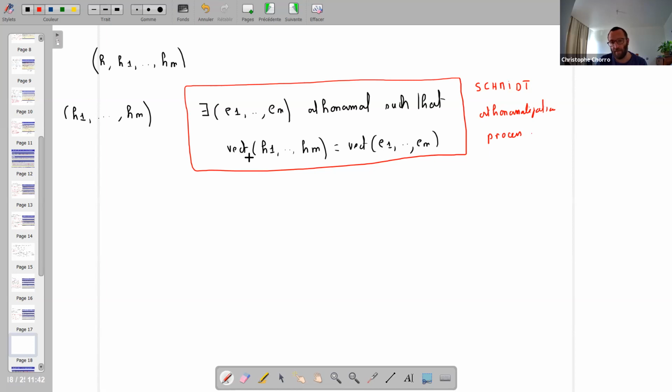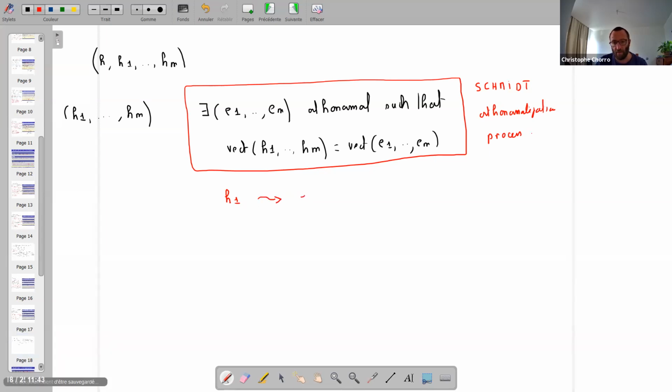And with the two generated vector spaces that are the same. So let me remind you in a few seconds what is the principle of this orthonormalization process. I start from H1. I want to make it with a norm equal to 1.